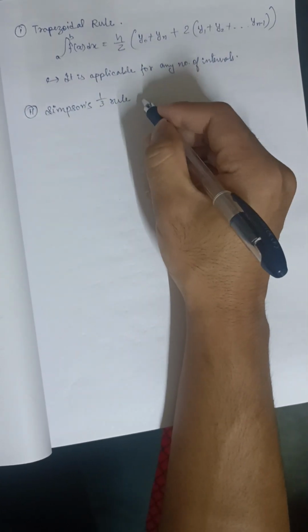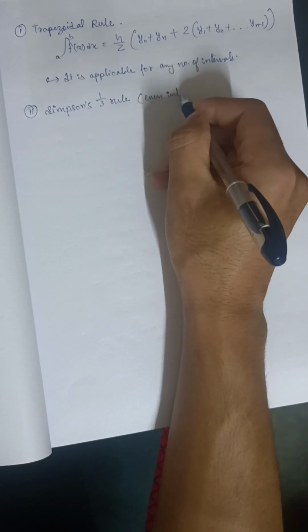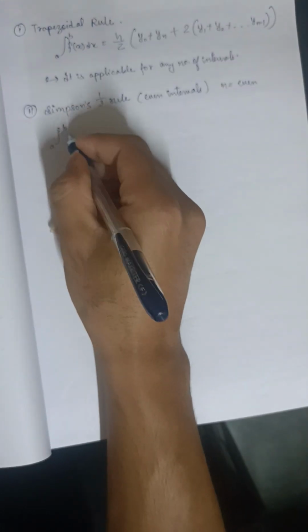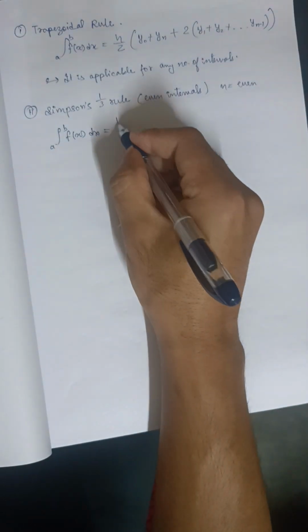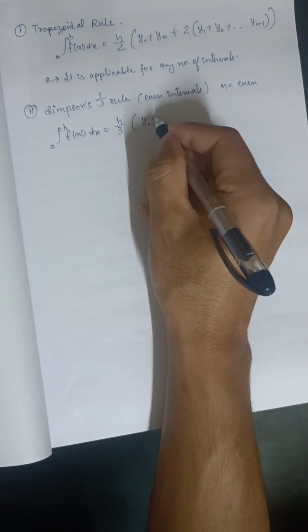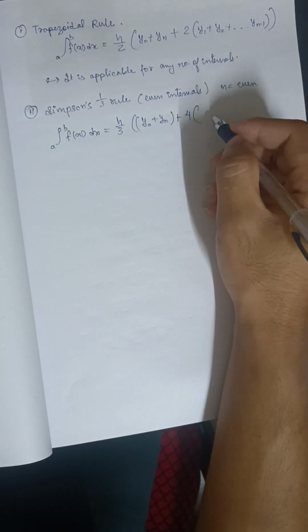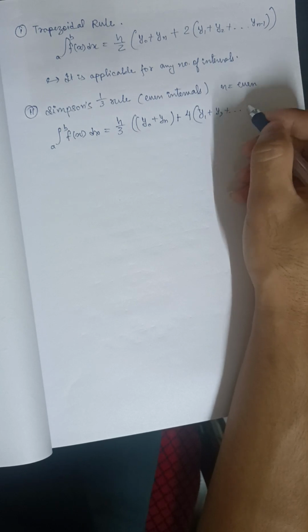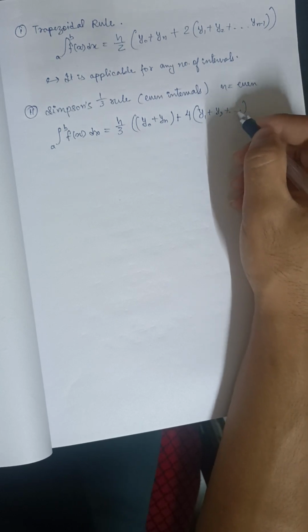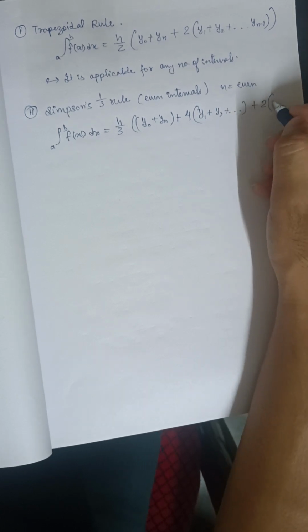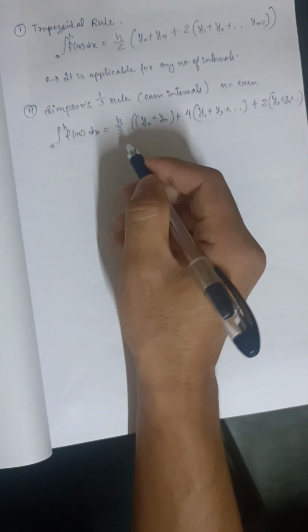This formula is specifically used for even intervals, meaning that n should always be even. The formula goes h by 3, the first term plus last term plus 4 times the odd elements, that is y1 plus y3 plus y5, and then plus 2 times all the even elements, y2 plus y4. So this is applicable only if the total number of intervals is even.